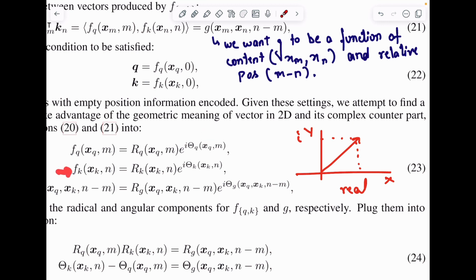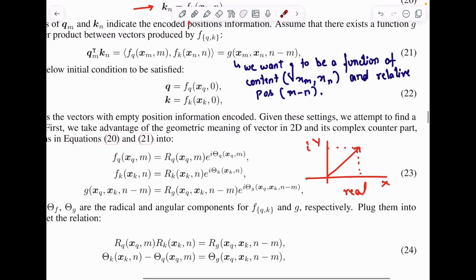Similarly, we can define fk(xk, n) as rk(xk, n), which gives you the magnitude of the vector, and this part gives you the exponential of the imaginary part iota times the angle of the vector. Similarly, you can represent g, which is the dot product of two vectors.